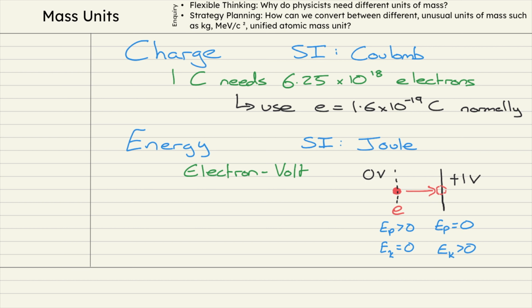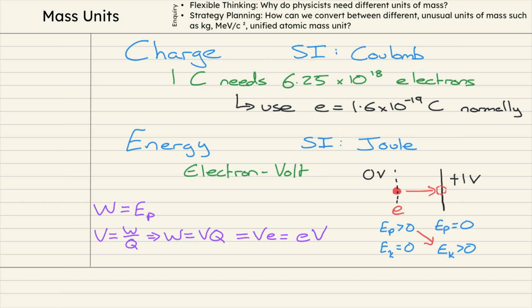Work was done converting electrical potential energy to kinetic energy, so W equals E_P. The defining equation for potential is V equals W over Q, so that is W equals VQ. So, in this case, the work done in accelerating an electron with charge e across a potential difference of V is equal to eV.